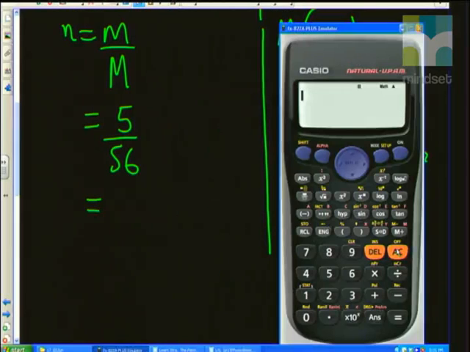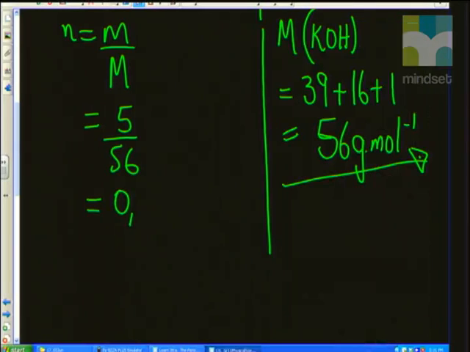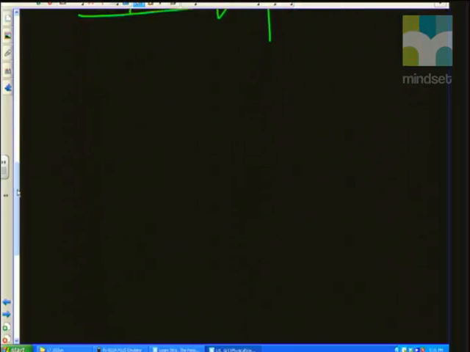The answer is 0.089 moles. From here, I can then go to the formula for concentration.